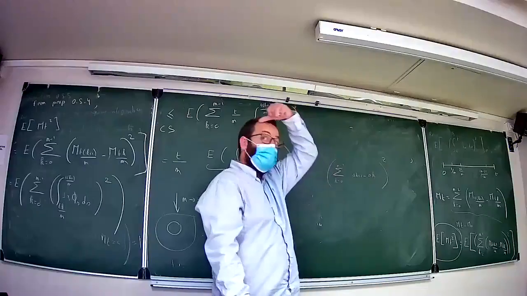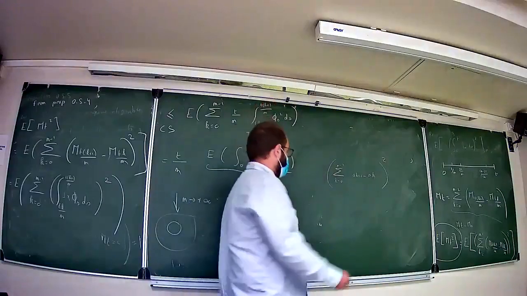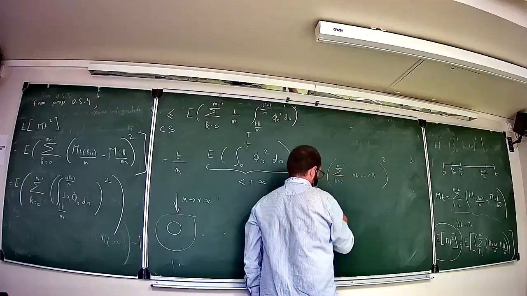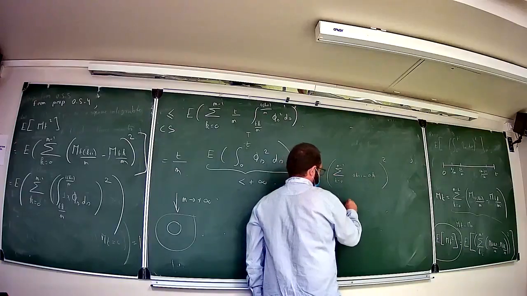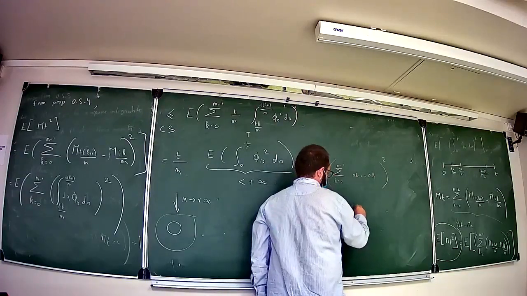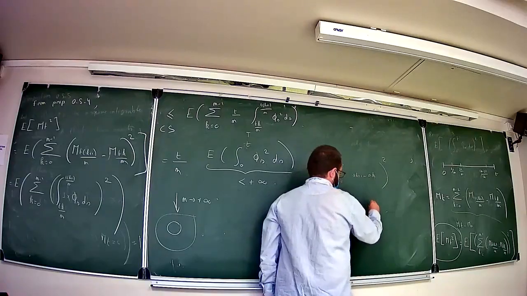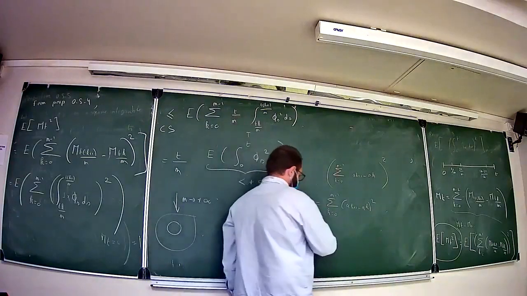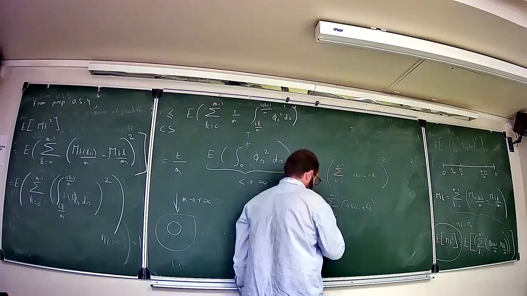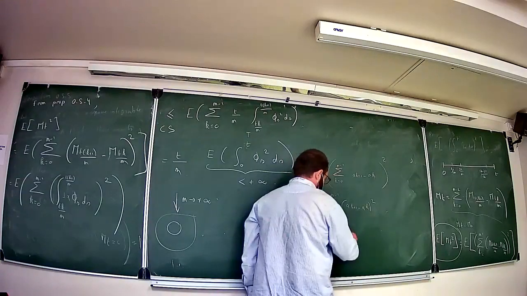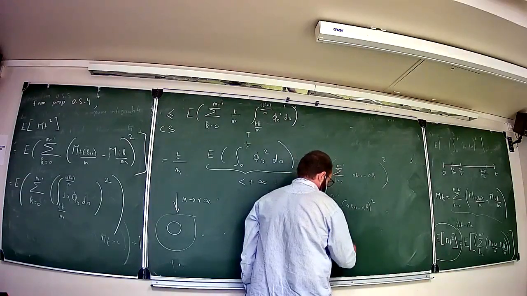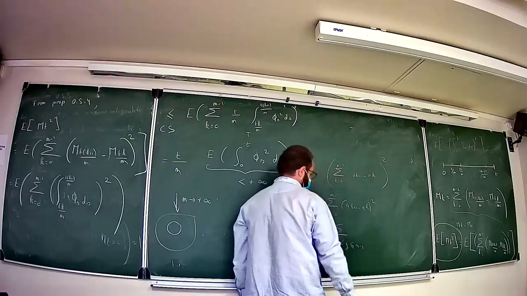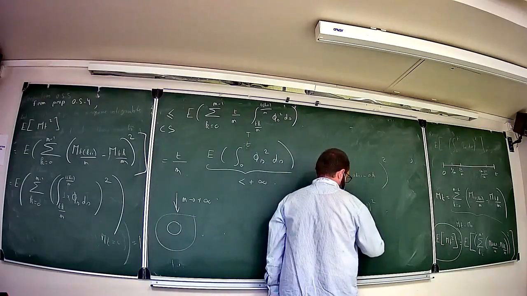If I develop the square, I obtain the sum of the squares, plus, write it this way, 2 times the sum over i strictly less than j between n minus 1 and 1 of something like this.